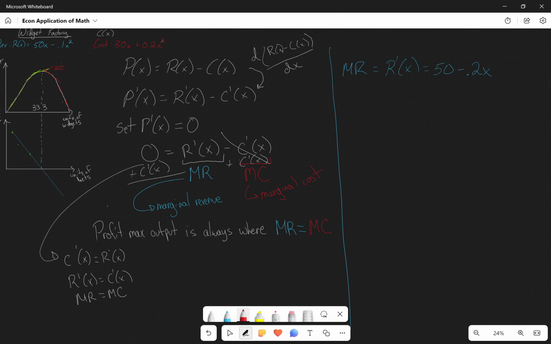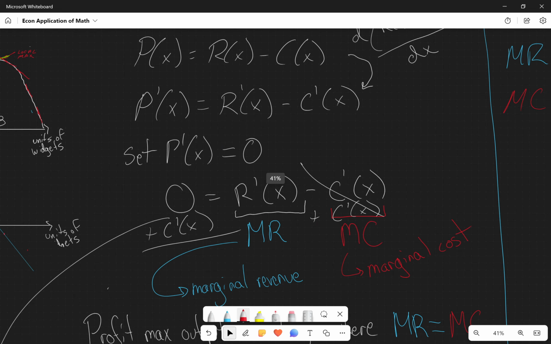And then we ask ourselves, okay, what is our marginal cost? Our marginal cost is going to be our C prime of X. So this is going to be 30 plus 0.4X, because we have this 0.2 that's multiplied by this 0.02 over here.